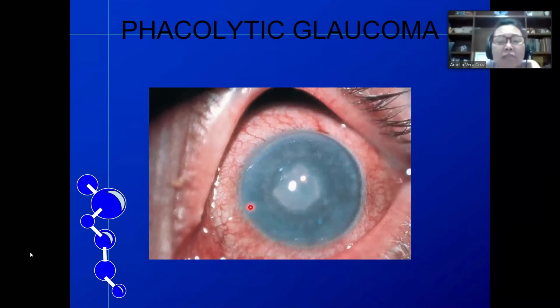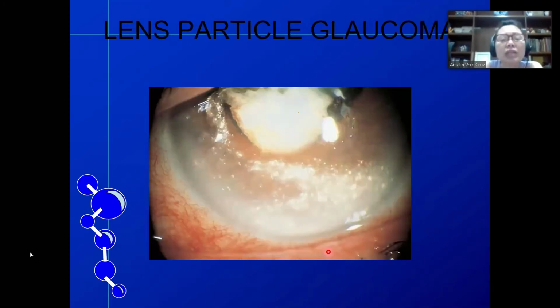Yung mga patsi-patsi na yan, the white patches are your lens proteins na. The lens particle glaucoma. Yan. Penetrating injury ito. Pumutok ang cataract. Andyan ang kanyang mga lens proteins o kanyang cortical materials.